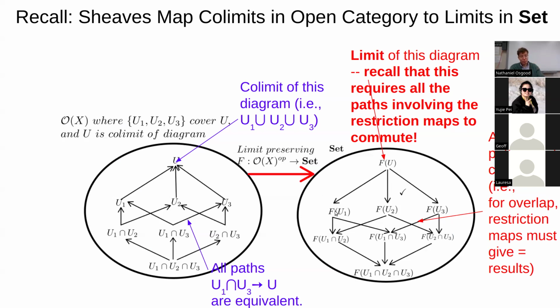And you may remember, and this is important, all of these things have to commute. So for this to be a sheaf, just as these all commute because it's a poset, all of these have to commute. We have to have a consistent picture for this up here, given by all of these different sets out here.